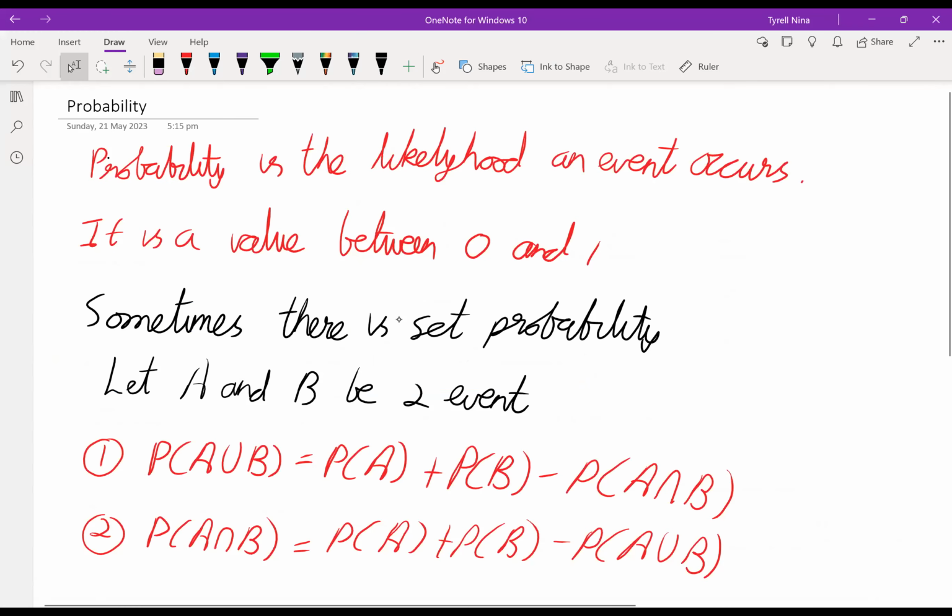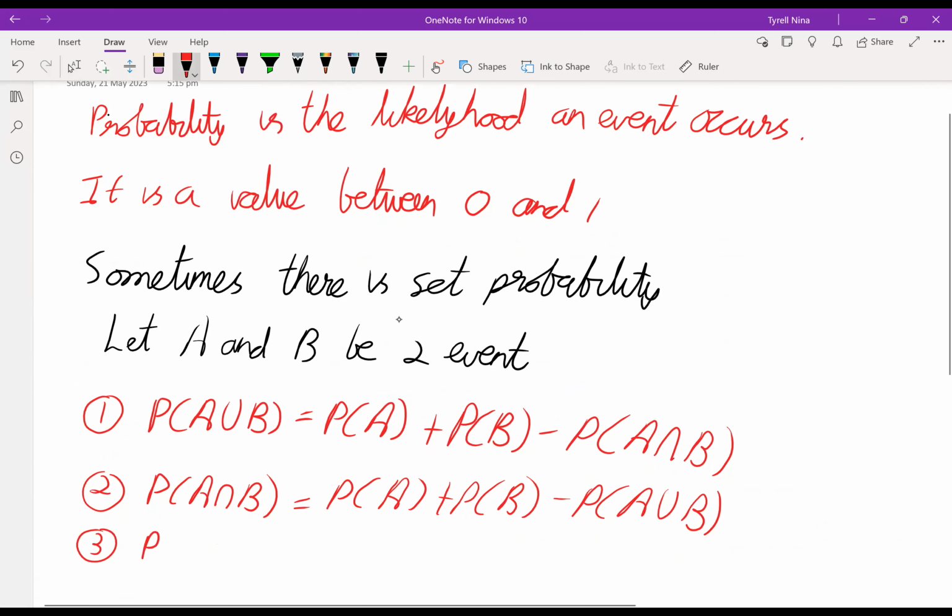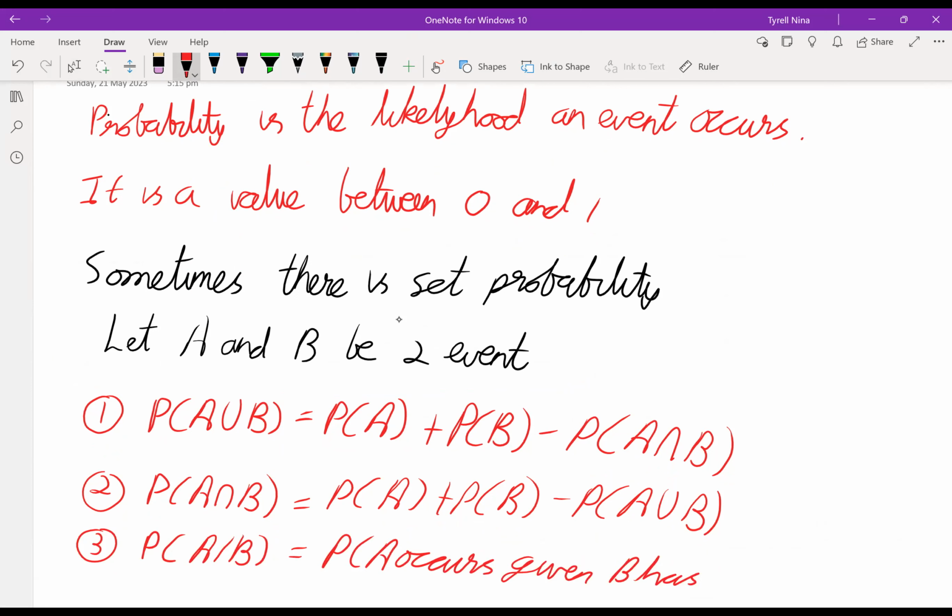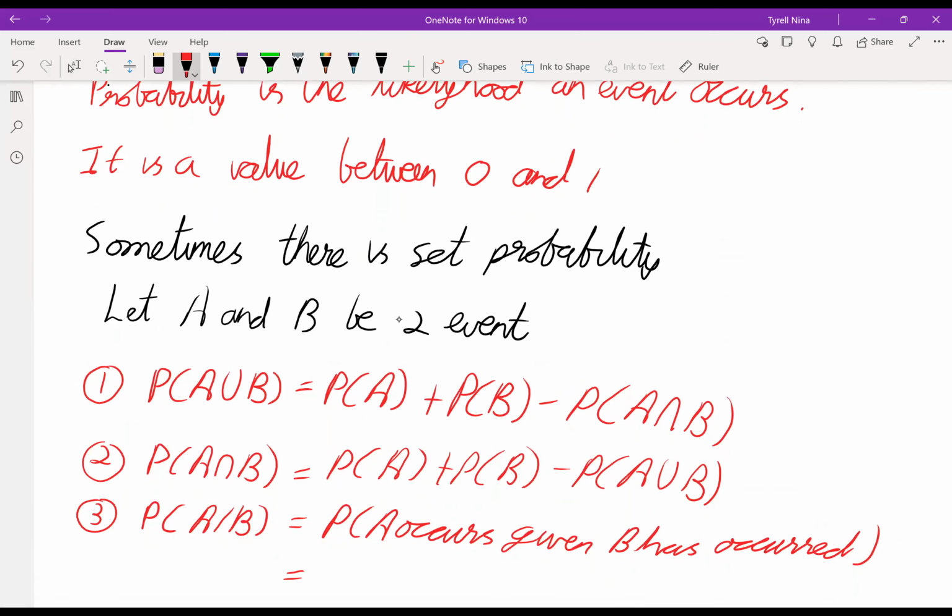Right. The third one, probability of A given B. This is the probability A occurs given B has occurred, which is the probability of A intersect B over the probability of B. Notice here, the last letter is what goes on the denominator, right?